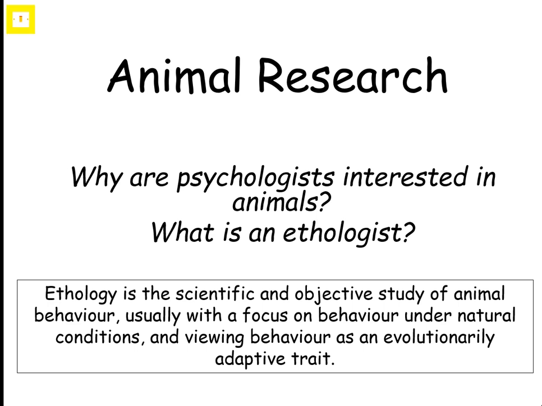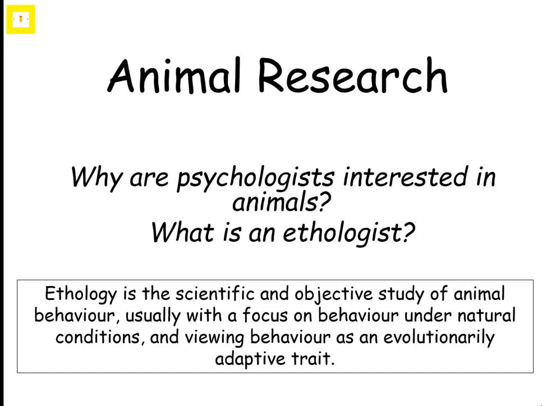So this is introducing the research by Konrad Lorenz, and he was an ethologist, and this is the objective and scientific study of animal behaviour, and it's usually focused in a natural environment, and it's focused on the idea that we're looking at behaviours because they are an evolutionary adaptive trait. That means it's useful.